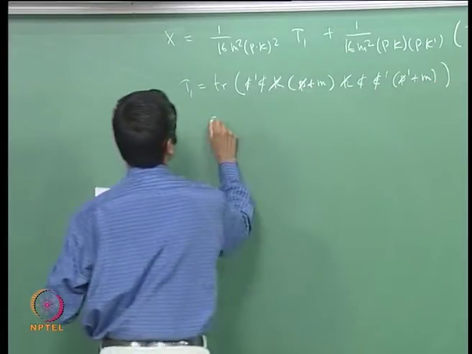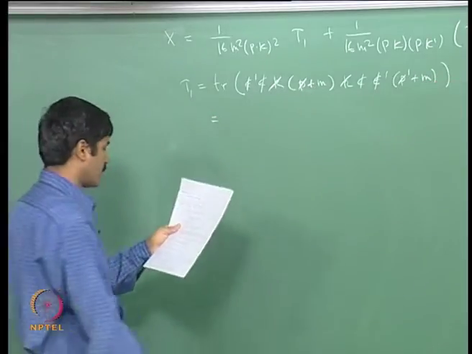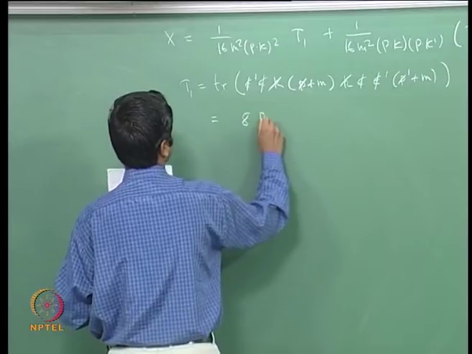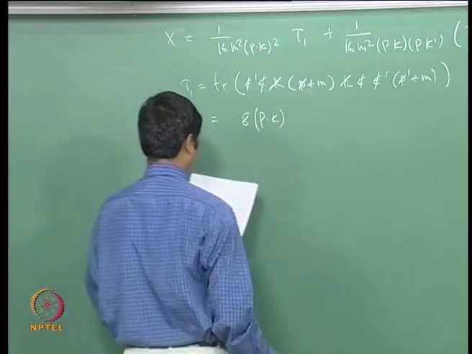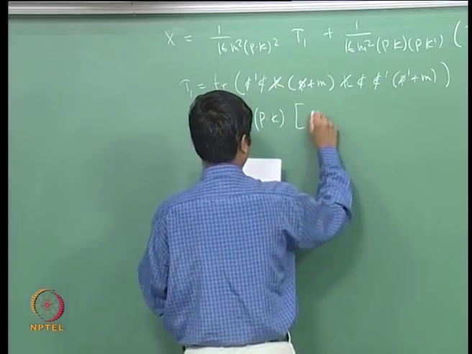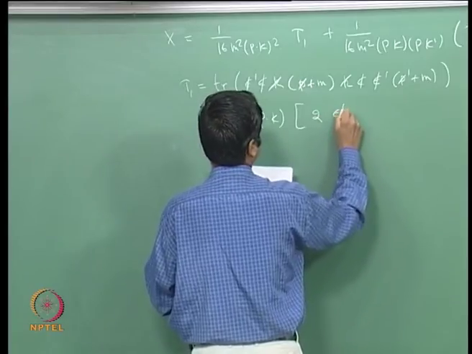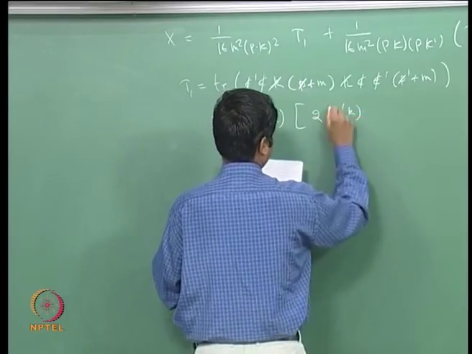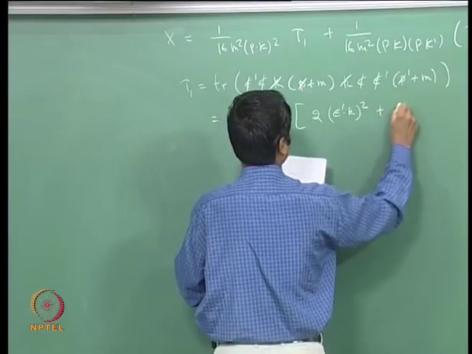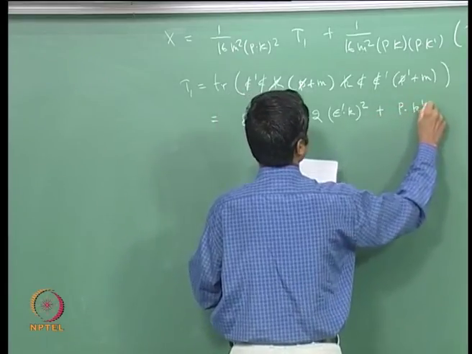We have evaluated the trace and then we have shown that this quantity is given by 8 p·k times [2(ε′·k)² plus p·k′].